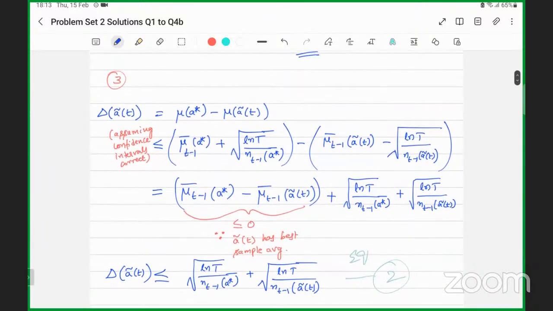So this is just, if you have some number of samples, we are just using Hoeffding inequality here. If you have some n number of samples from a particular arm, what does Hoeffding inequality tell us?